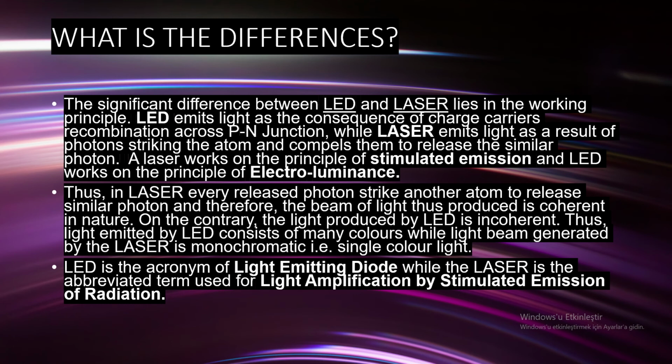Thus, in laser, a released photon strikes another atom to release a similar photon, and therefore the beam of light thus produced is coherent in nature. On the contrary, the light produced by LED is incoherent. Thus, light emitted by LED consists of many colors while the light beam generated by the laser is monochromatic.